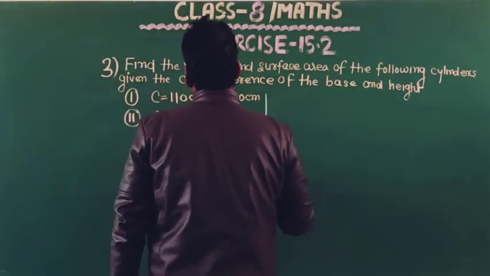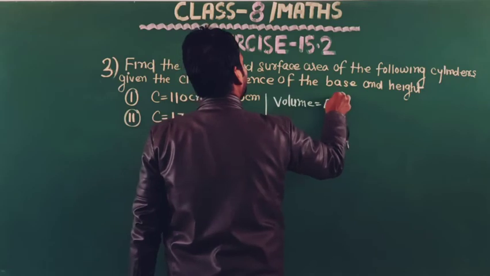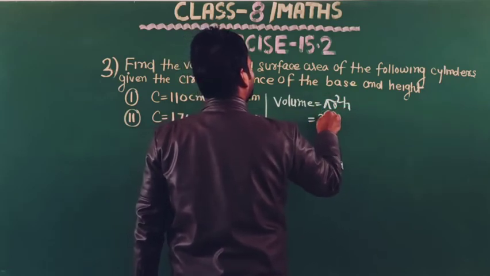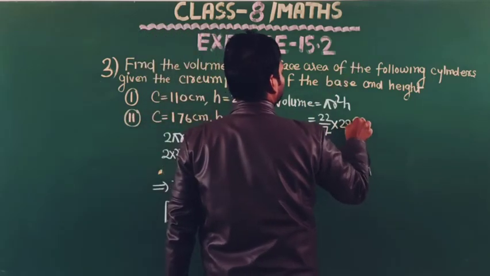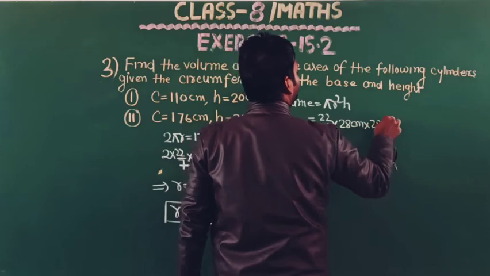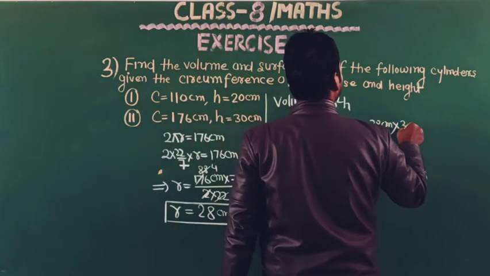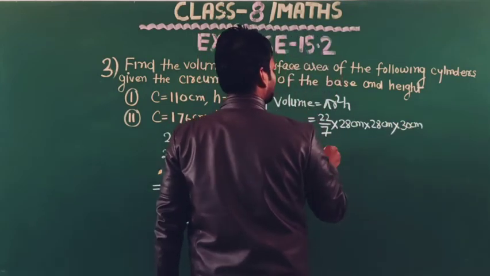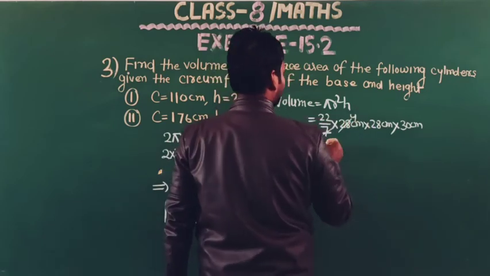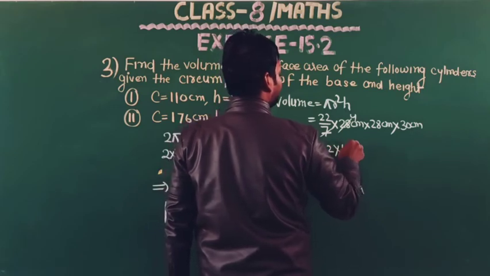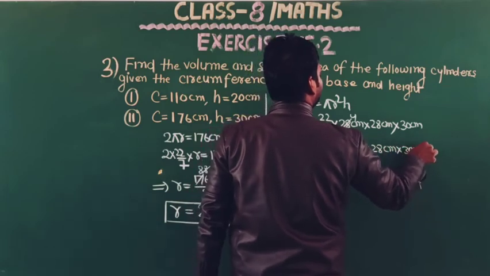Then we have to calculate volume. So volume equal to pi r square h. So this is 22 by 7 into radius 28 centimeter into 28 centimeter and height is 30 centimeter. Then divide 28 by 7, 4 times, and remaining numbers 22 into 4 centimeter into 28 centimeter into 30 centimeter.